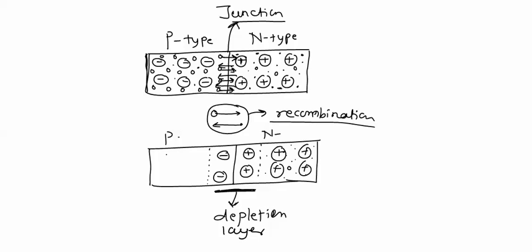On the P-type semiconductor, the structure will be as it is. There will be majority charge carriers, holes, and very few electrons.